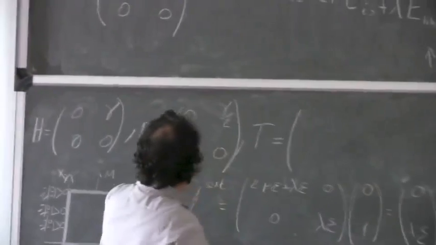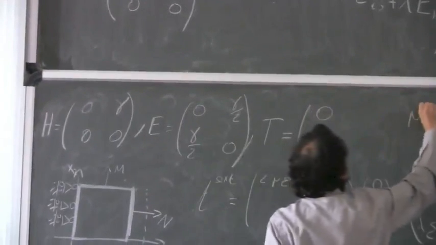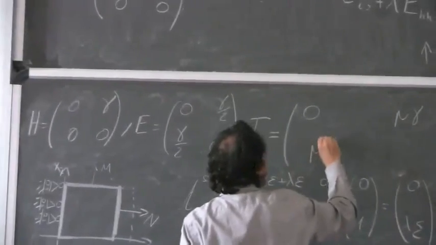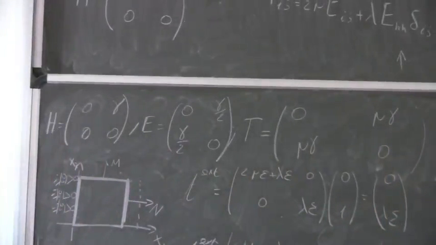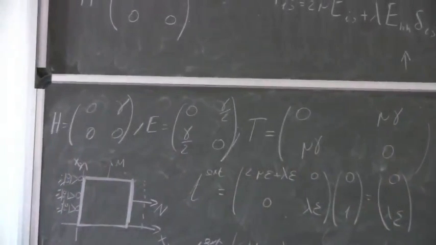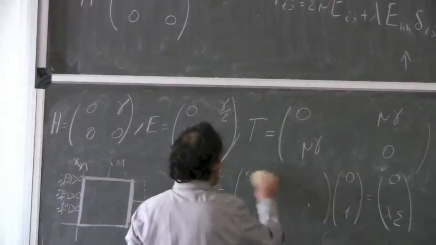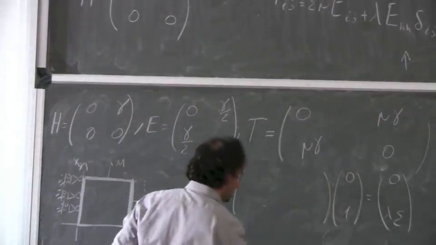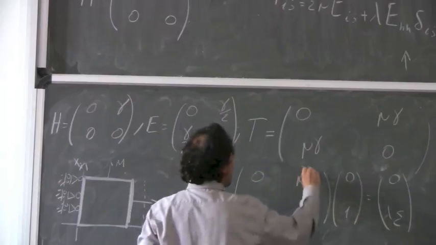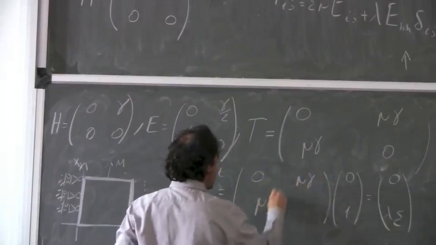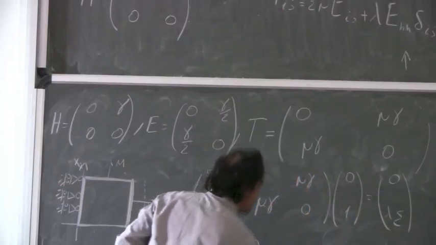So in the first part, it's simply 0, gamma mu, gamma mu, and 0. This is T. What does it mean? That here we have 0, gamma mu, gamma mu, 0.